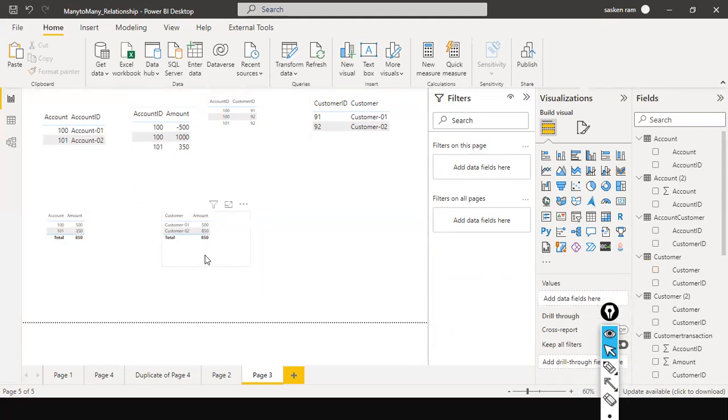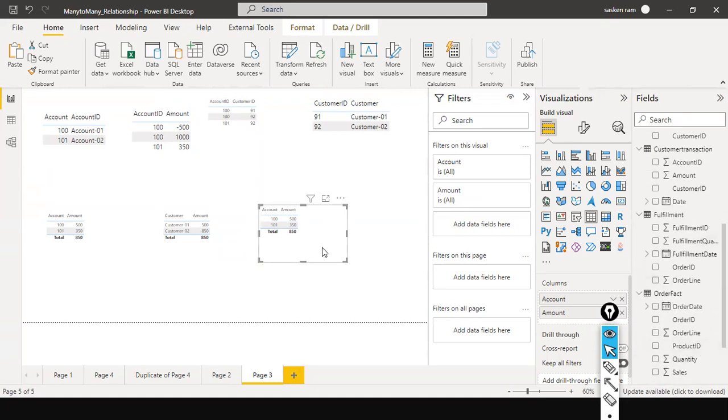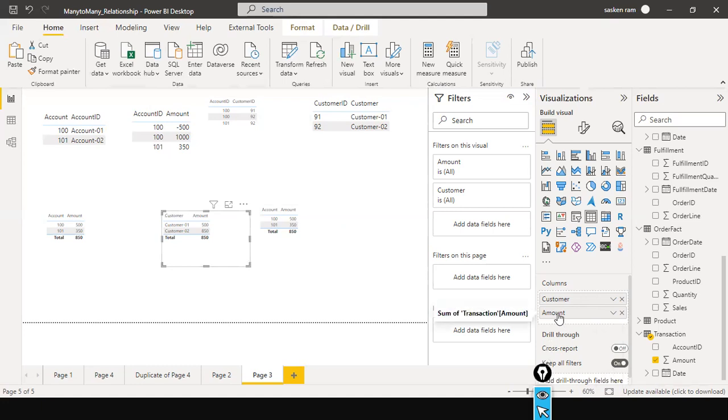If you go and see the transaction data completely, I just copy paste this. In this case, we don't have the customer ID available here, hence you cannot find it out here. Let me check if this is the correct column, transaction amount.